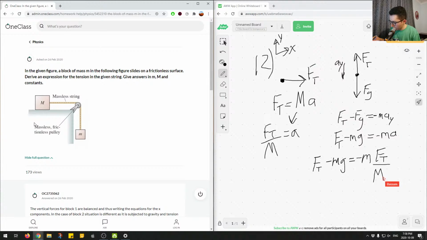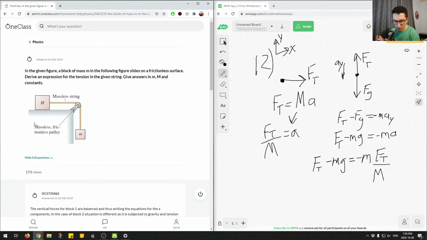Okay, so we're getting closer to an equation that we can use to represent the force of tension. We want to derive an expression for the force of tension. That's our end goal here. So we want to isolate for Ft.